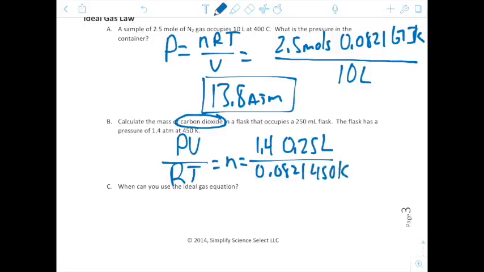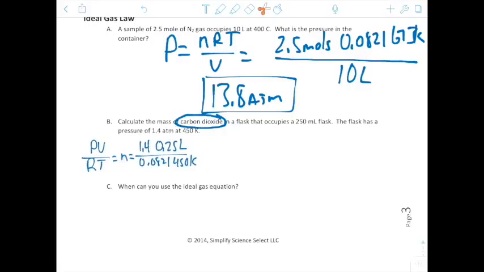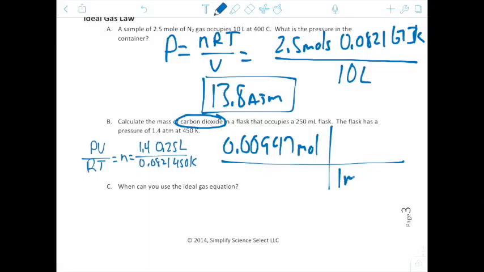And what we get is a mole value, which is very small in this case, of 0.00947 moles. Sorry, not atmospheres, moles. And then we know that 1 mole of CO2 has a mass of 44 grams. And so we multiply it out and we will get a mass of 0.417 grams.